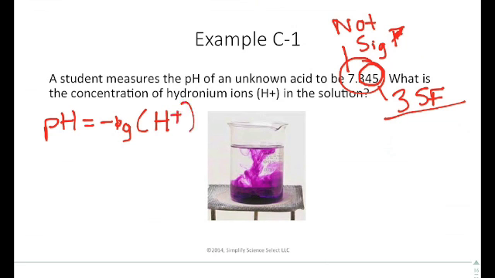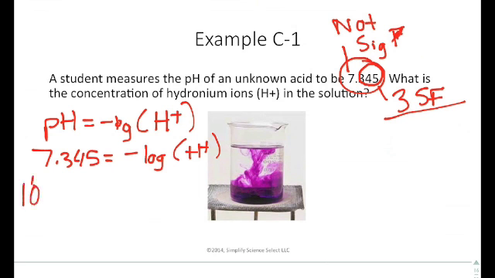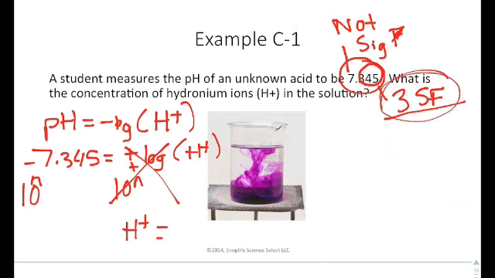So you would plug in 7.345 equals the negative log of H plus. We do 10 to the negative on both sides. When I do 10 to the negative, it causes those to go positive, and the 10s actually cancel out, just like you did in math, and you have H plus is equal to a number. And the answer should have 3 significant figures in it.